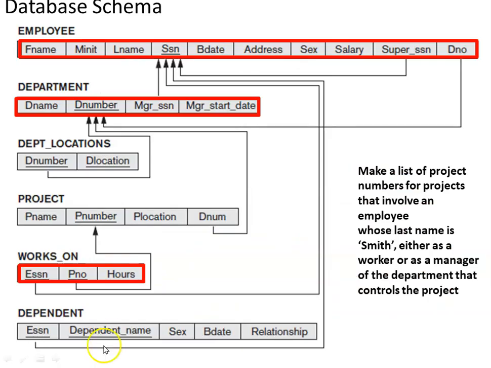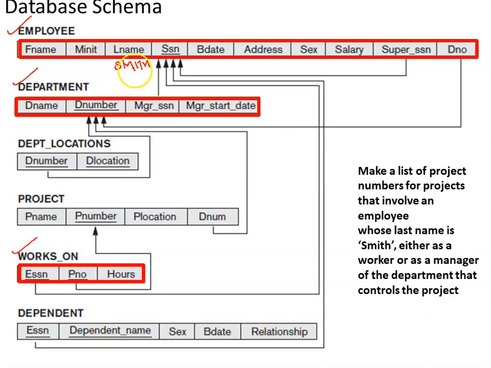Referring to the database schema, we require the employee relation, the department relation, and the works on relation. Now the employee relation will give us information about employee Smith.